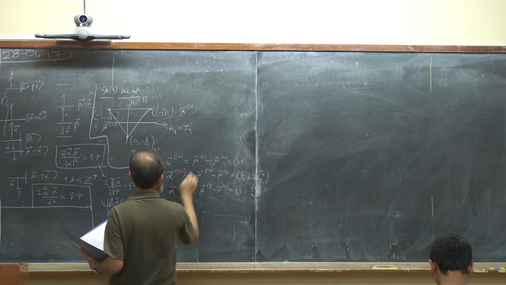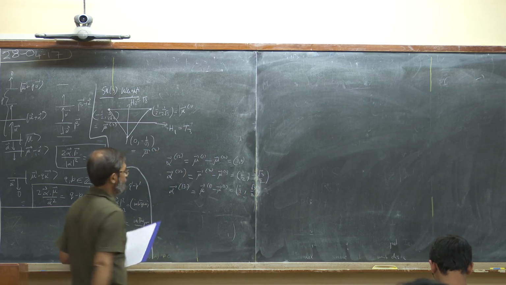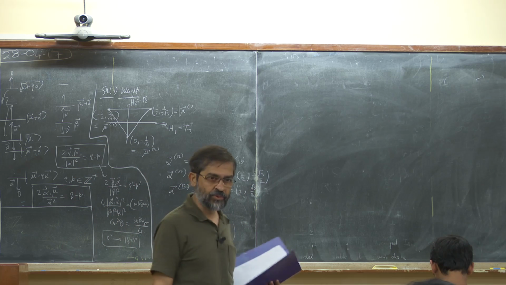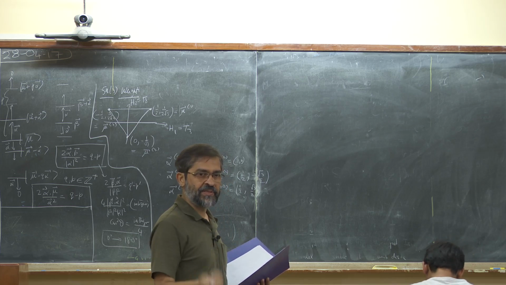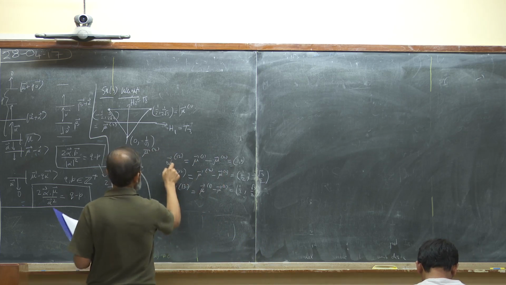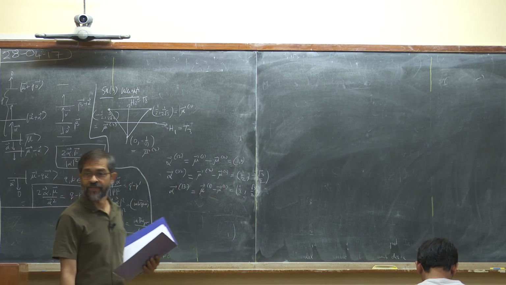Okay, let's plot these and the minuses of these things. We have already proved that if there is a root alpha, there is also a root minus alpha.